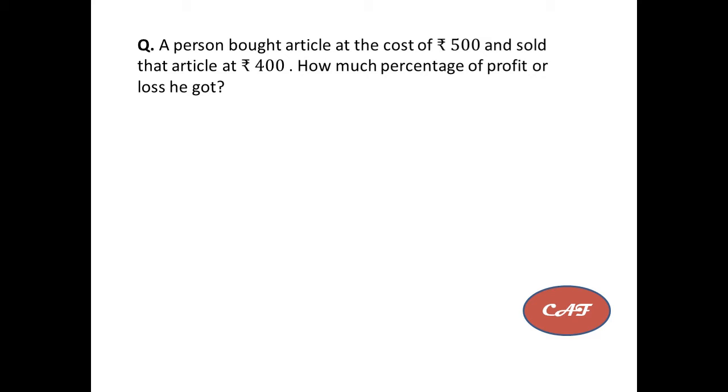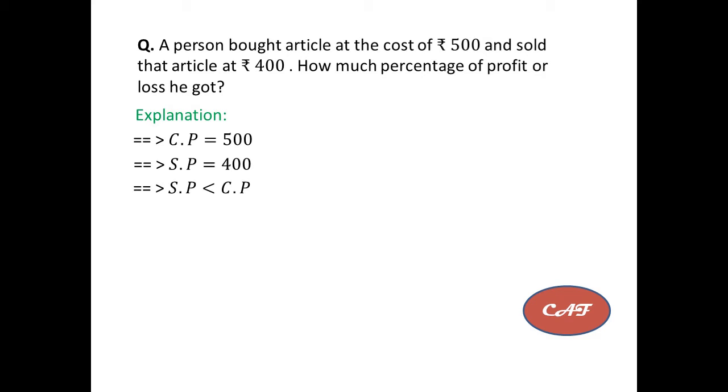If it is a loss, then we have to know how much percentage. So CP is equal to 500. He sold that at 400 rupees. So here selling price is less than cost price. So definitely he will get loss. So loss is equal to CP minus SP. Loss is equal to 500 minus 400 is equal to 100 rupees.